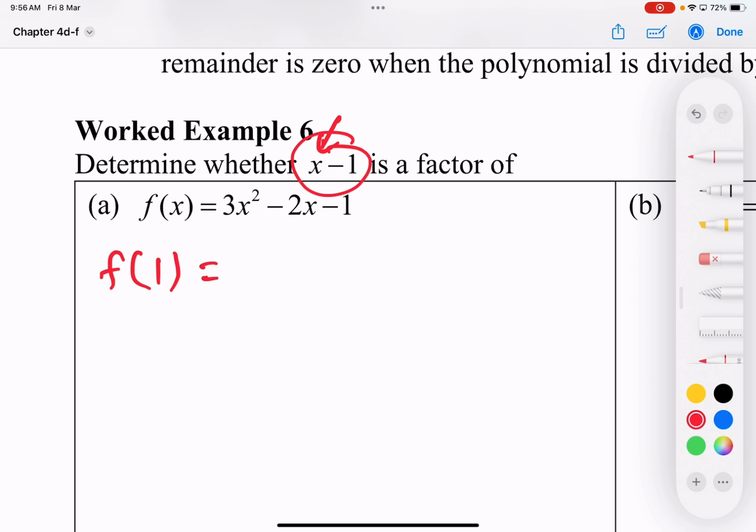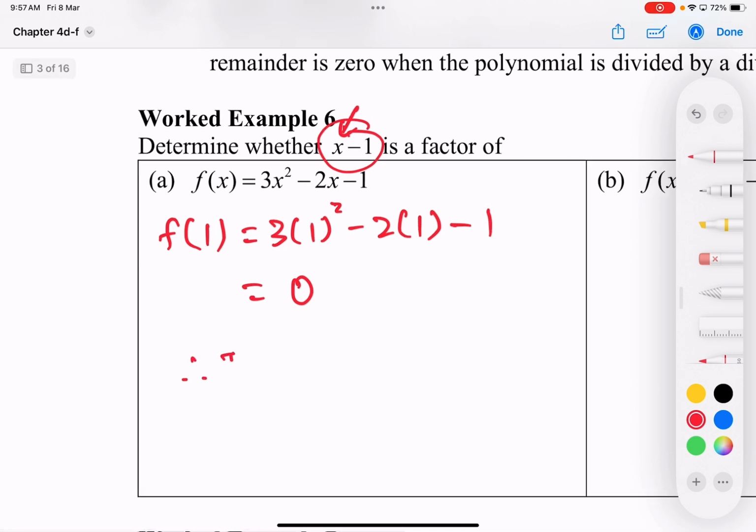So when you substitute 1 inside, you're going to get 3 times 1 squared minus 2 times 1 minus 1. Enter this in your calculator. What do you get? 3 minus 2 minus 1. 0, right? So, therefore, x minus 1 is a factor.